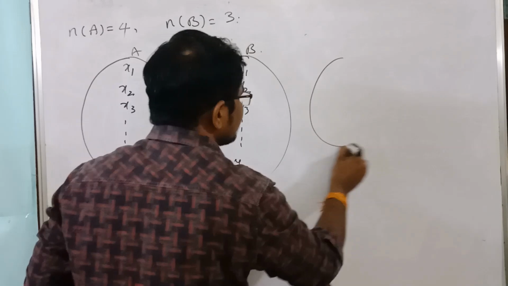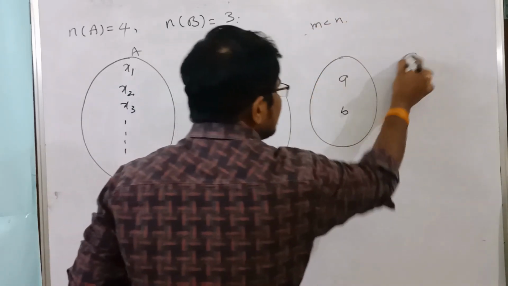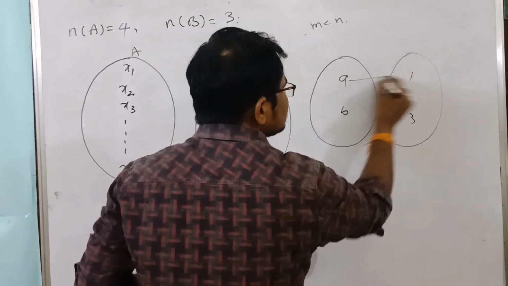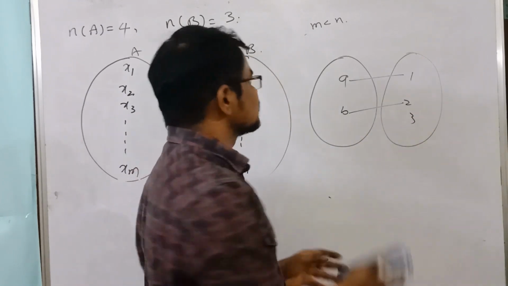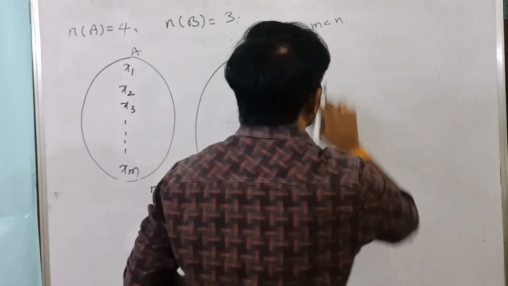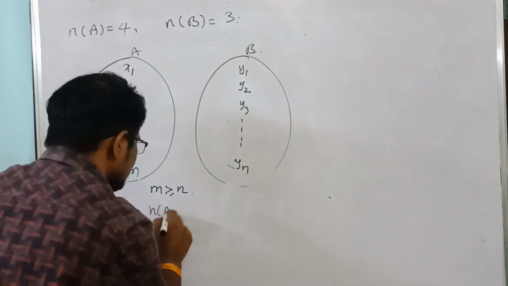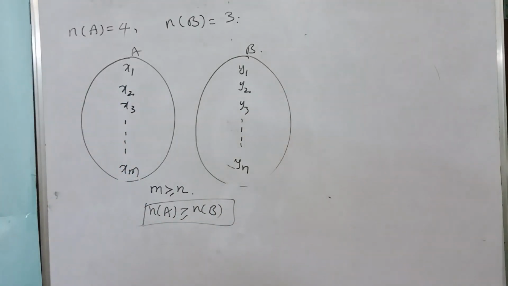Suppose m less than n: here A is there, here B is there, and these elements 1, 2, 3. If you take it like this, it is not an onto function. So definitely m greater than or equal to n, means number of elements in A greater than or equal to number of elements in B. This is the condition for onto functions.